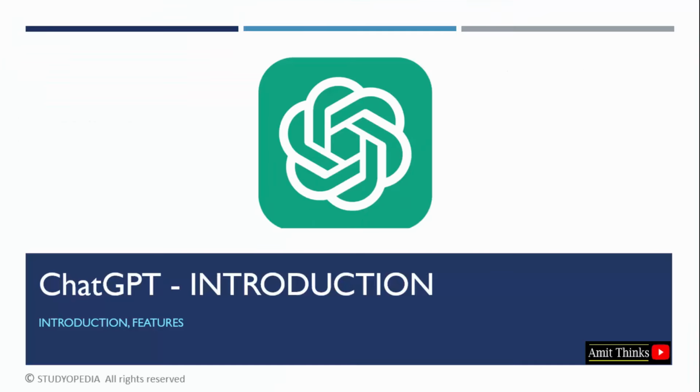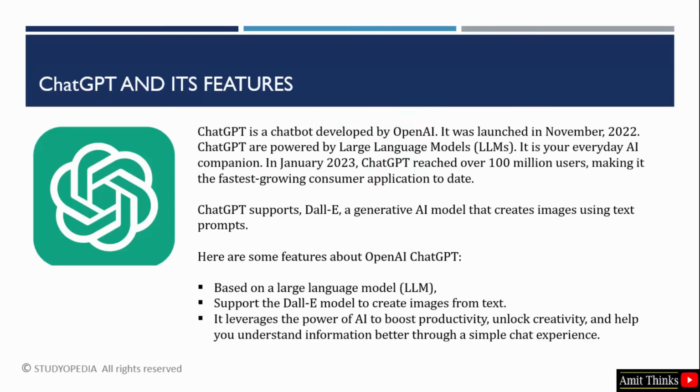In this lesson, we will learn about ChatGPT, its introduction and features, and we will also see which model it is based on. ChatGPT is a chatbot. It is powered by large language models, that is LLMs.